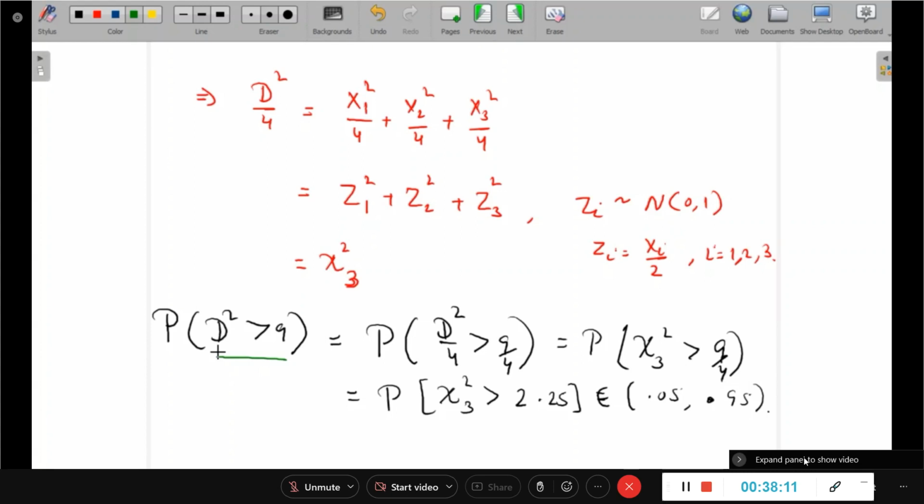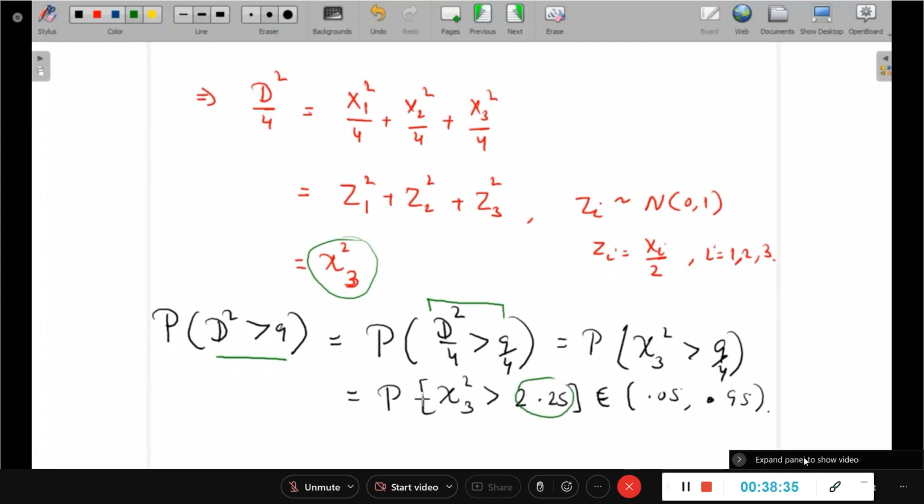We can transform this into the known form, because we know D squared by 4 follows the chi-square distribution with 3 degrees of freedom. So this implies chi-square 3 is greater than 9 by 4. So 9 by 4 is 2.25.